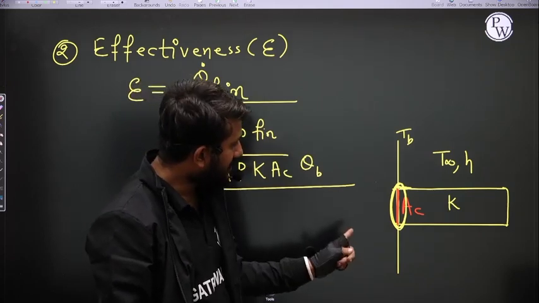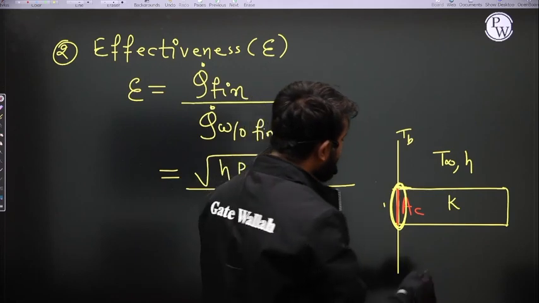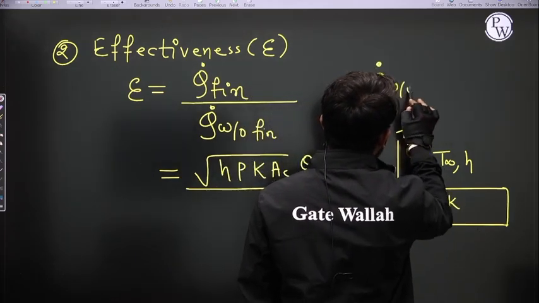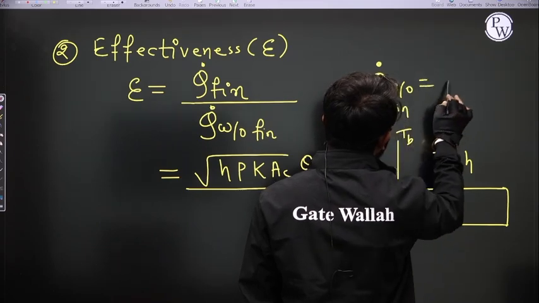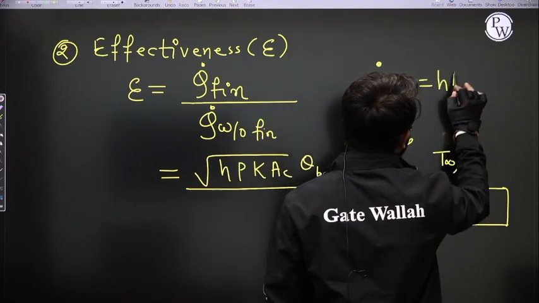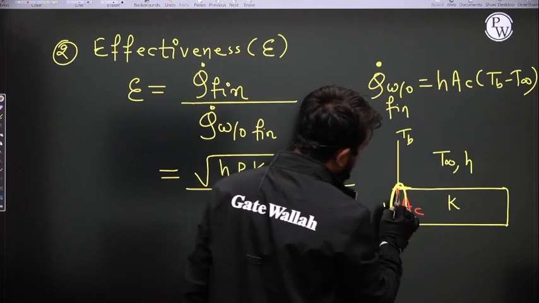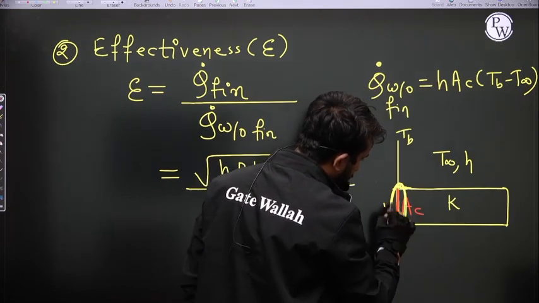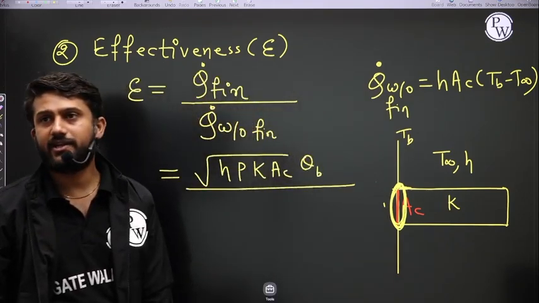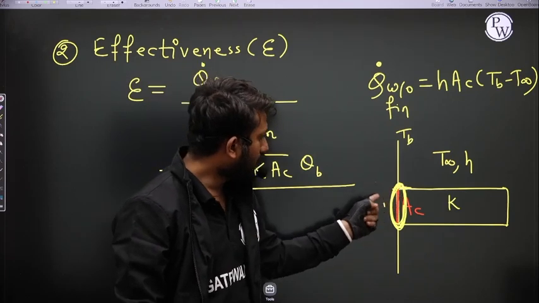So that is Q dot without fin, equal to h into AC into TB minus T infinity. From this wall to ambient, what is the mode of heat transfer? That is convection. And what is the area?